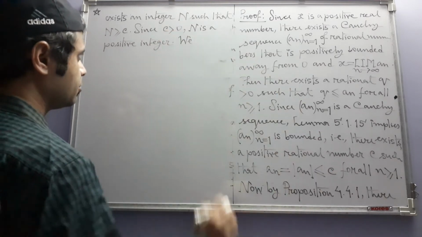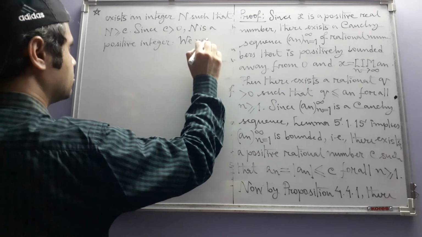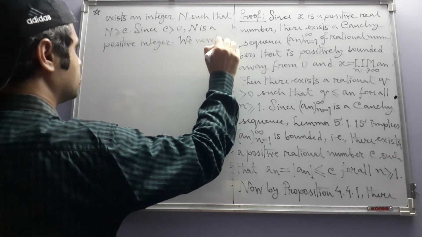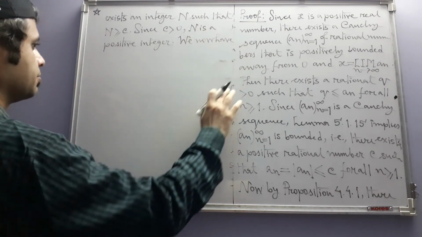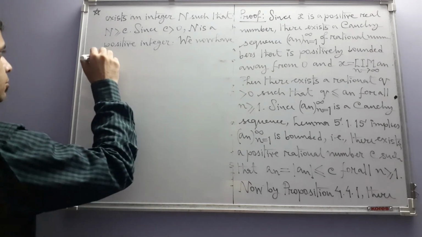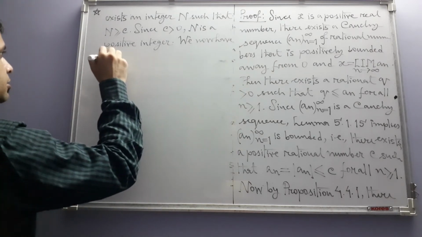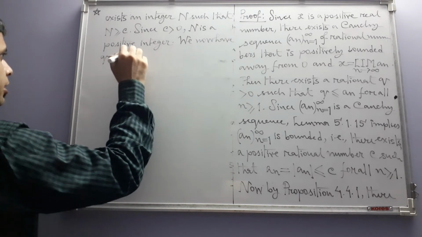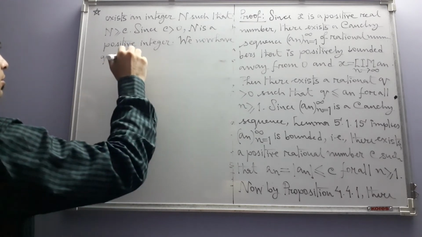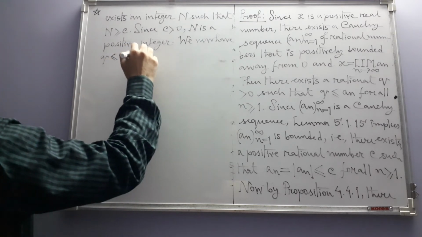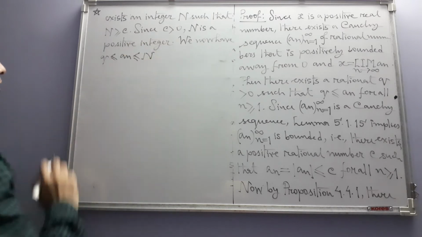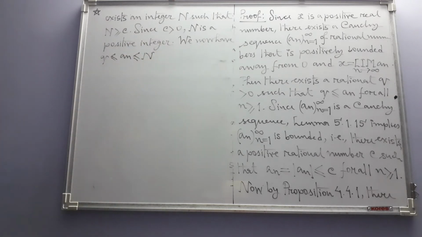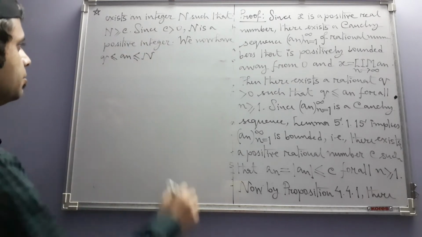Taking everything into consideration, we now have q less than or equal to a_n, which is less than or equal to C, of course, but that's not what we need. We need N, because N is greater than or equal to C.